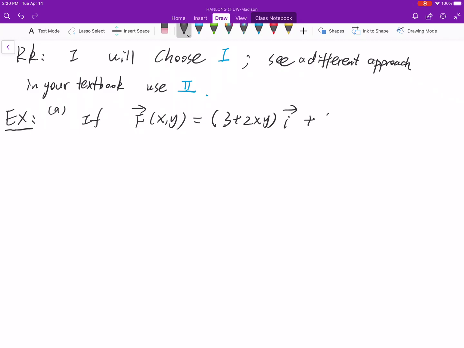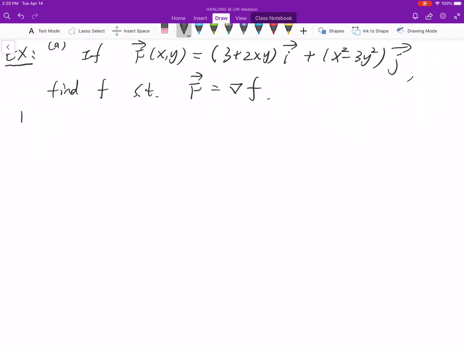Suppose now F has the form with i plus x squared minus 3y squared j, and find f such that capital F is gradient f. And problem B is to calculate a certain integral.